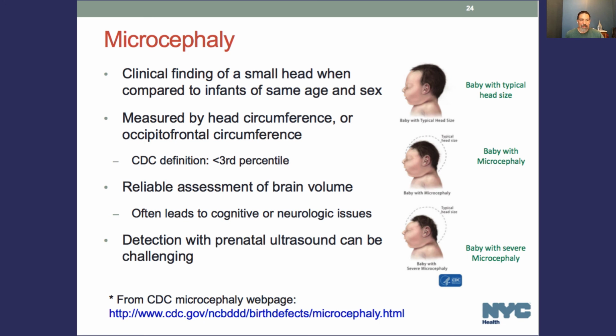You measure it by looking at the head circumference. So you can see here a baby with a typical head size, and a baby born with microcephaly has a much smaller head circumference, and a baby born with severe microcephaly smaller still. And so this is one of the main concerning outcomes of viral infection with Zika during pregnancy.